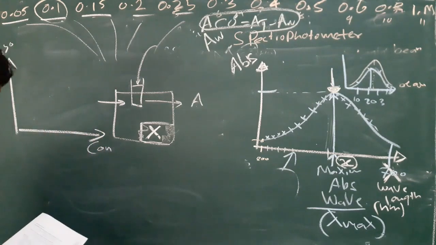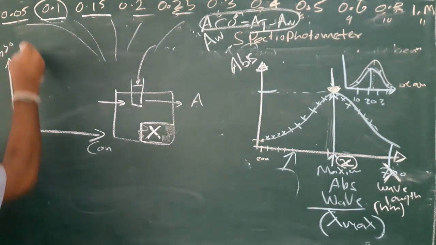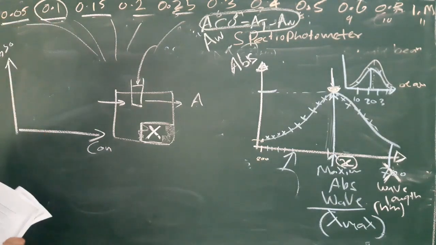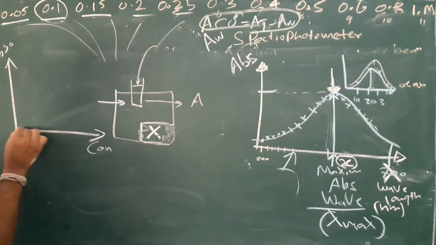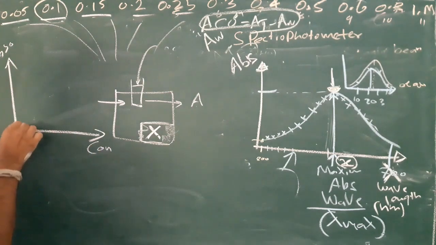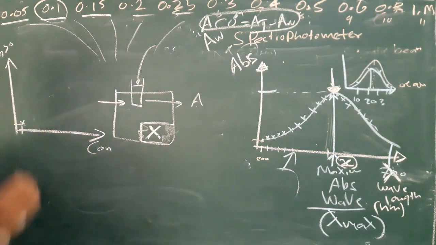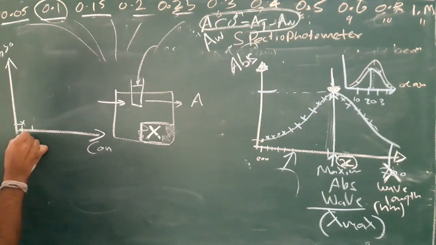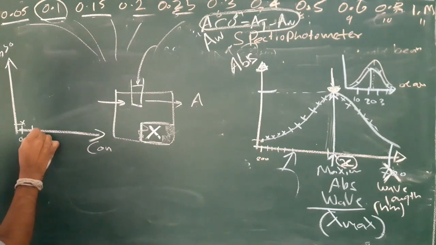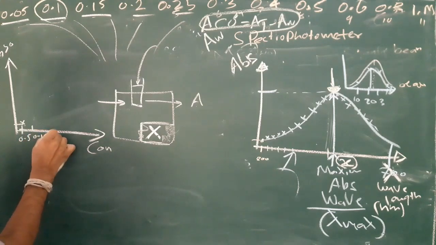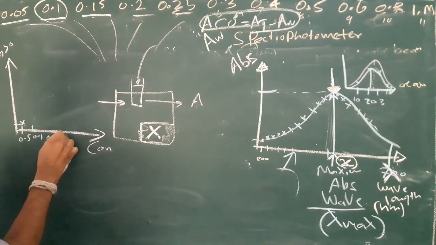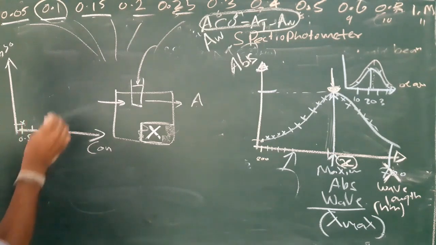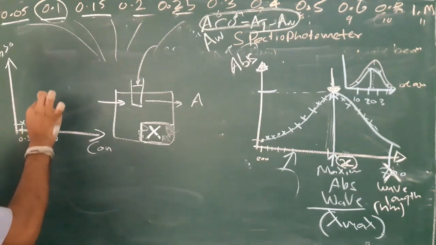Initially it has lower concentrations, that means lower concentration means absorbance also very low. Points will be here. When we increase the concentration, here 0.05, here 0.1, here 0.15, likewise absorbance also will be higher.